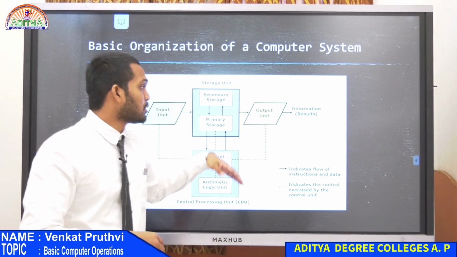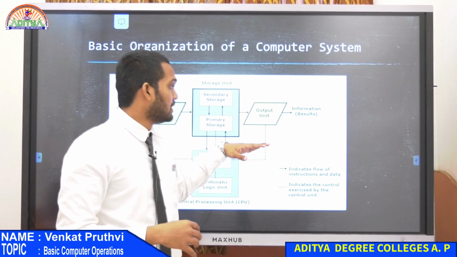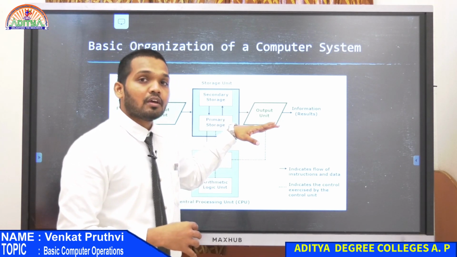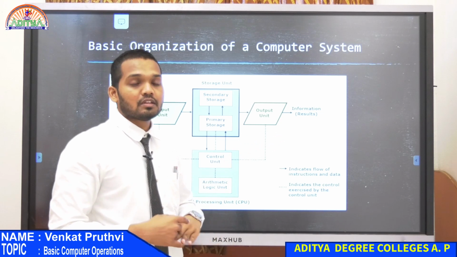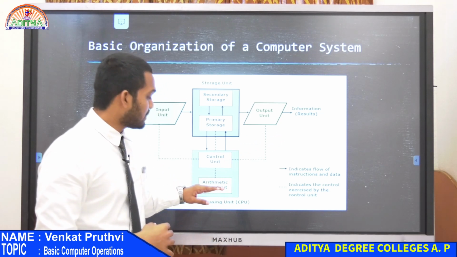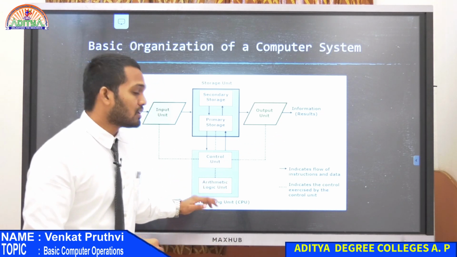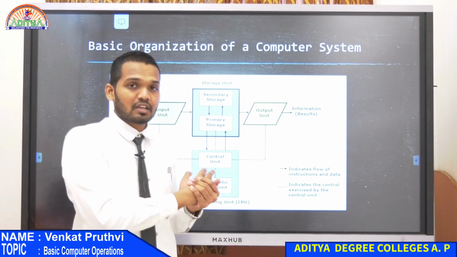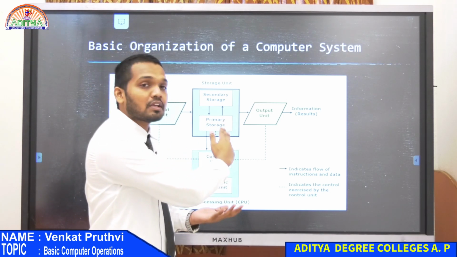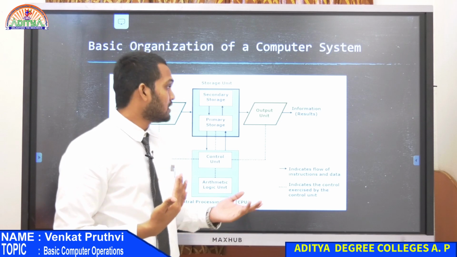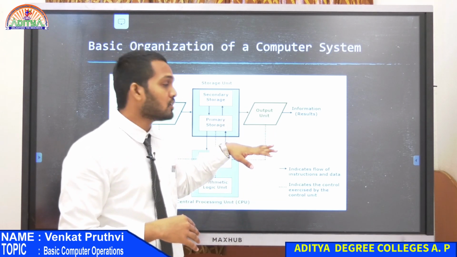That is why we have some programs internally inside the computer and the output unit which translate the output provided by the ALU. The ALU gives an output in zeros and ones, that is machine language, and that machine language output is in turn converted into the readable form or the user form.